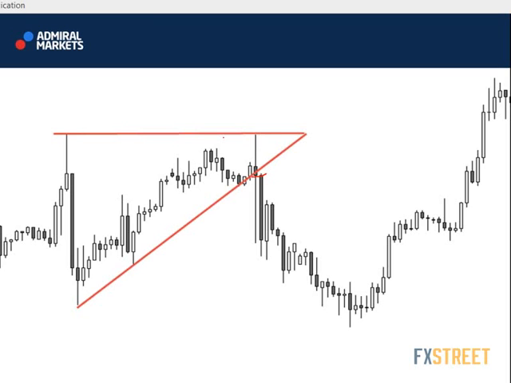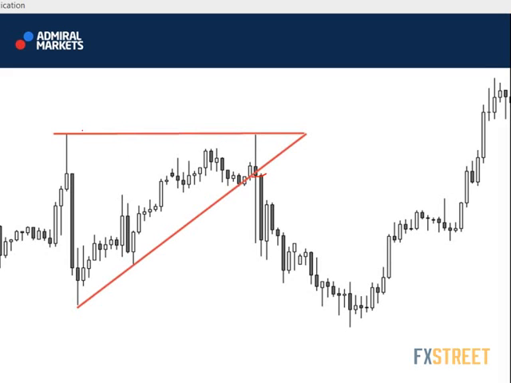Big pension funds, institutional funds, institutional traders, central banks, they are moving the market. Retail traders are not moving the market. Okay? So if you want to go with a trend, it's your safer option. If you want to go counter trend, you need a good reason to do so.